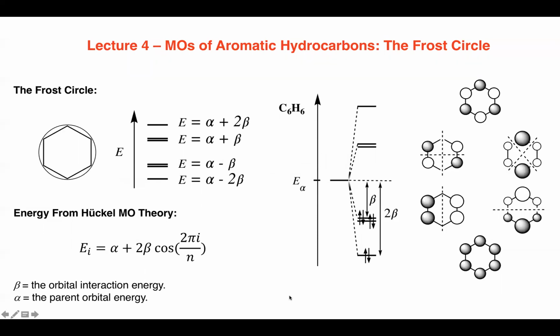There we are. Okay, so aromatic hydrocarbons are really nice demonstration functions for how MOs build up. I've shown the MO diagram on the right for benzene, and the various SALCs, or symmetry adapted linear combinations, of the p orbital functions in benzene.